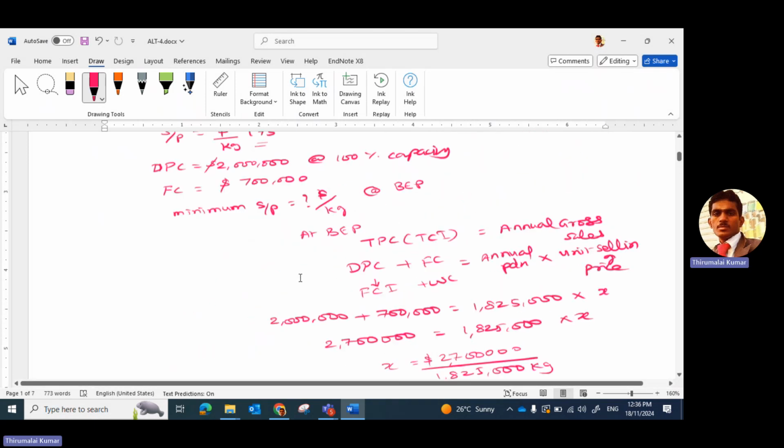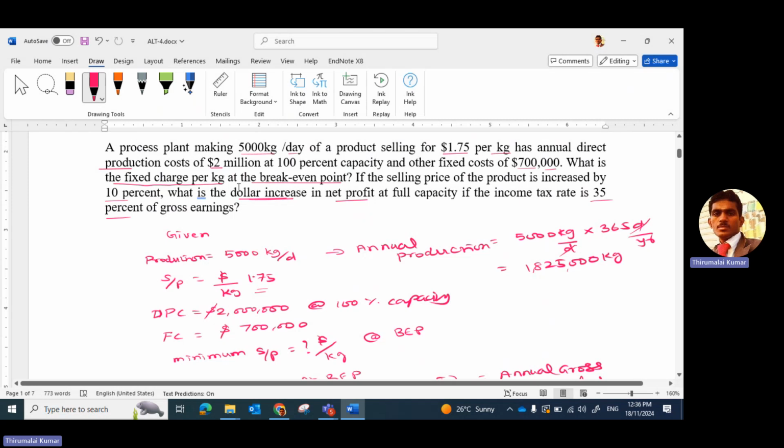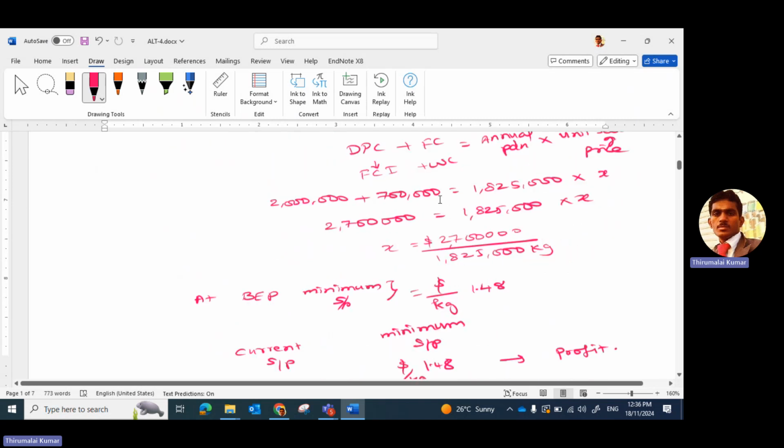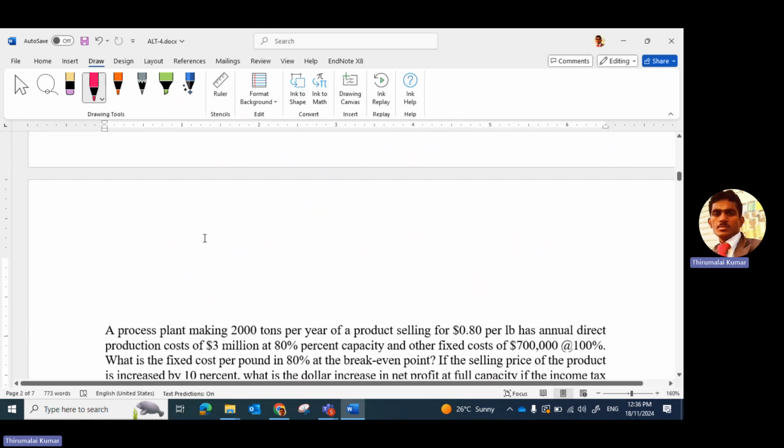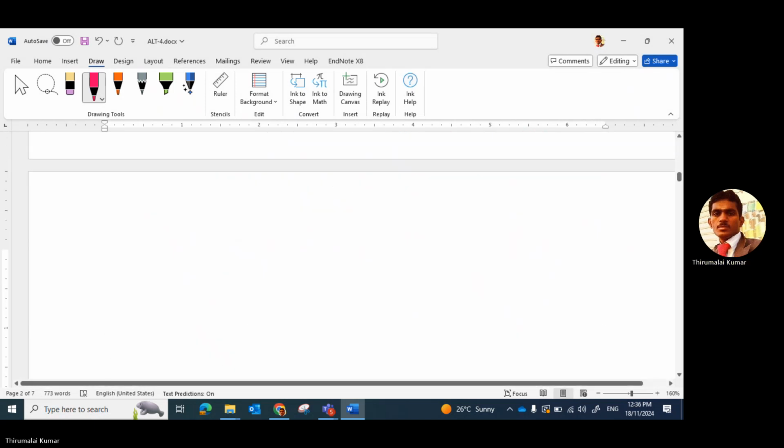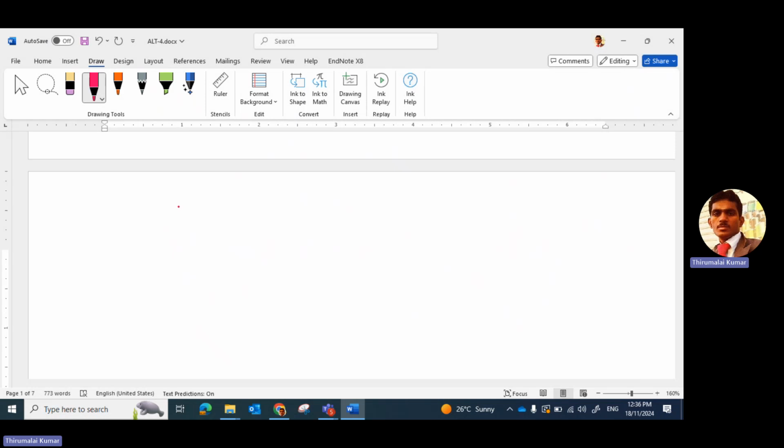The second portion of the question is trying to explain what is the dollar increase in our net profit. We have an income tax rate of 35%. In addition, the selling price of the product is increased by 10%. So the current selling price is 1.75 times 10% increased.